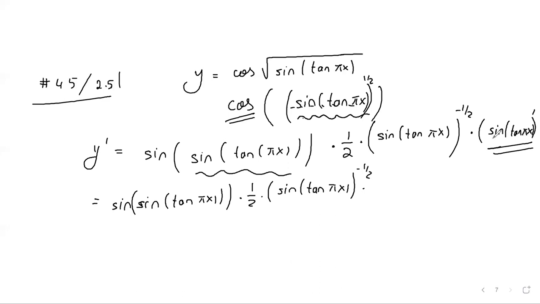It's again the leftmost sine primed, which is cosine of tangent of pi x, times finally the derivative of tangent of pi x, which is secant squared of pi x times the derivative of pi x, which is pi.